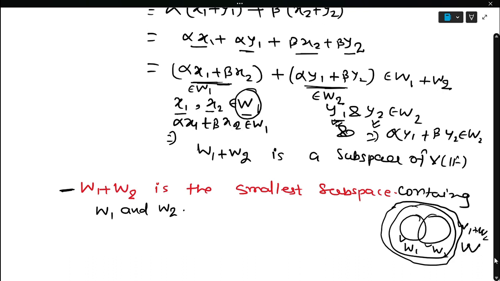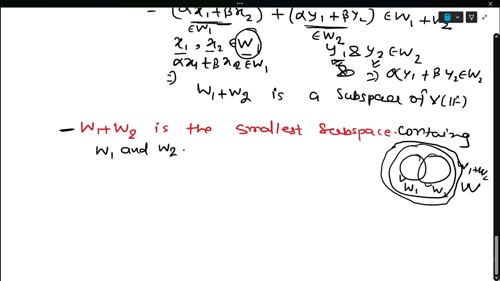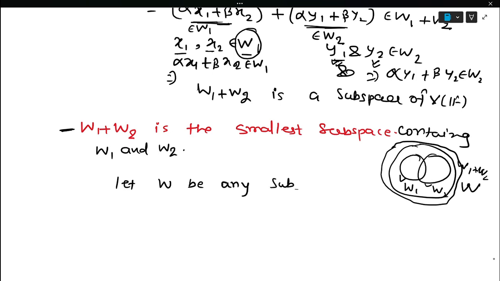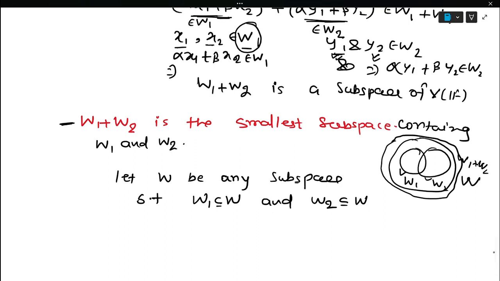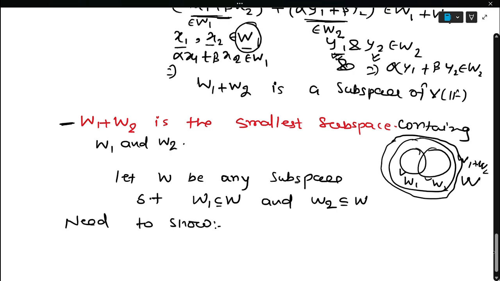So we will prove it. Let W be any arbitrary subspace such that W1 is in W and W2 is in W. We need to show that W1 plus W2 is the smallest one containing W1 and W2.